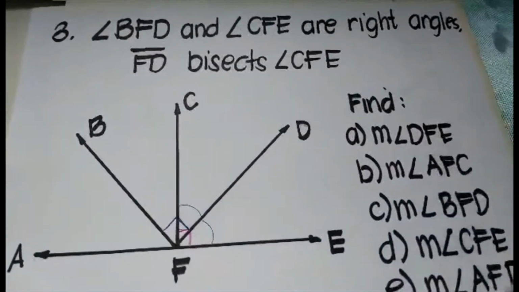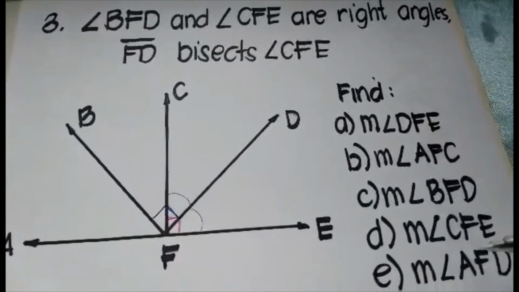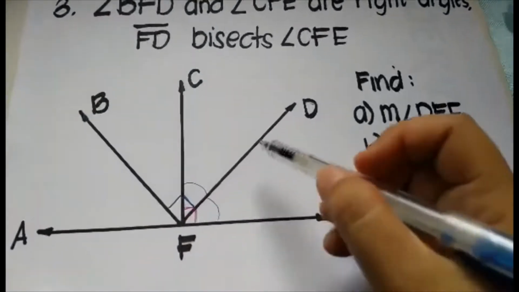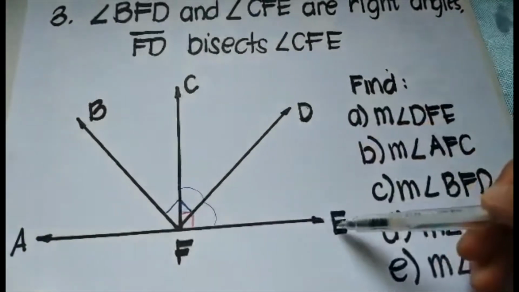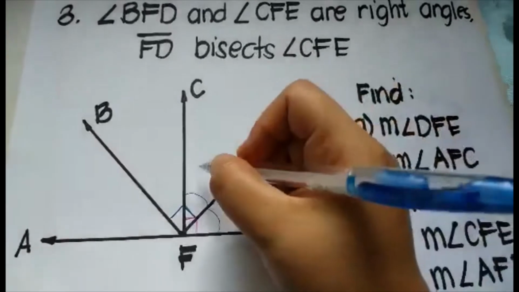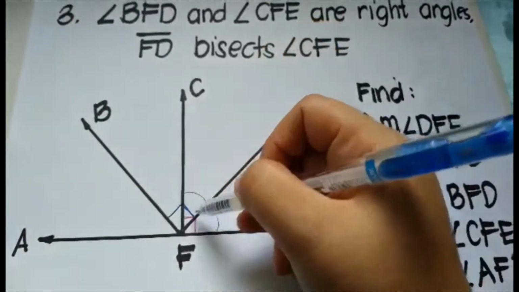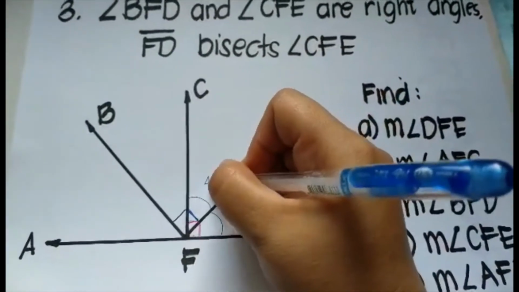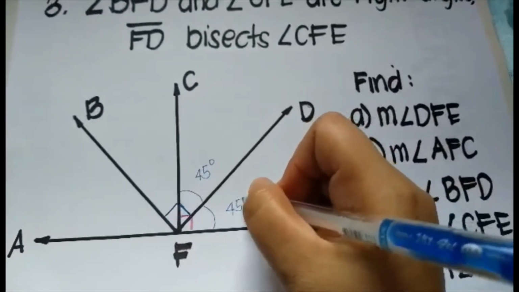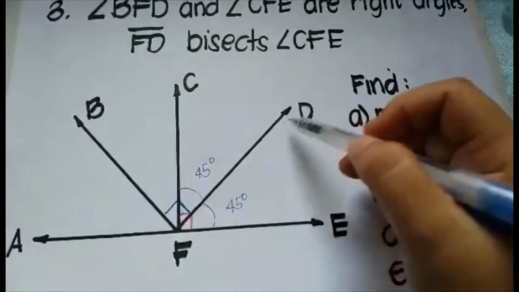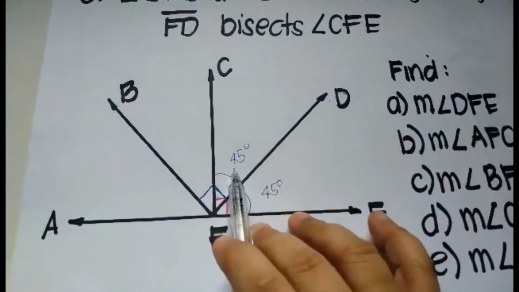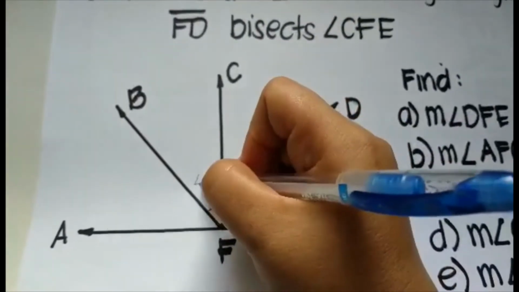Before we solve what is asked in the problem, let's identify first the measure of each small angle. Since CFE is a right angle and it is bisected by segment FD, these two angles are both 45 degrees. And since BFD is also a right angle and this is 45, therefore this is also 45.